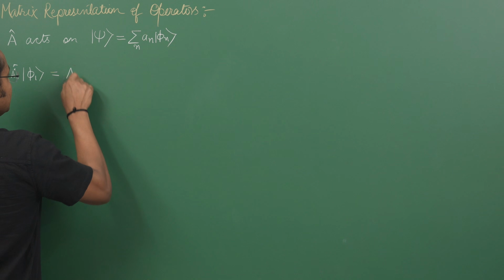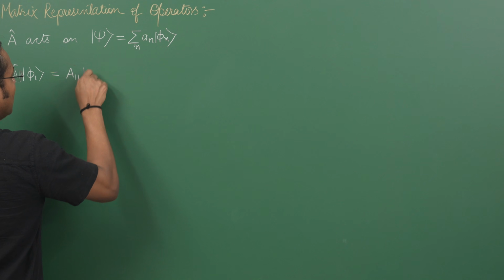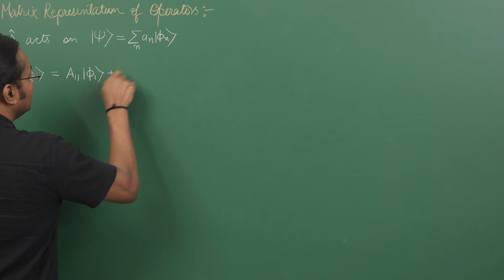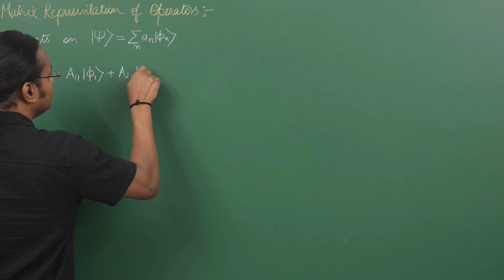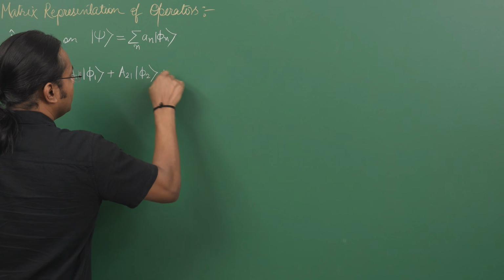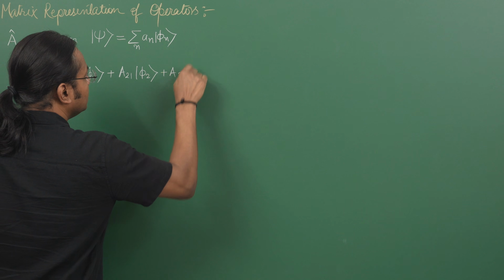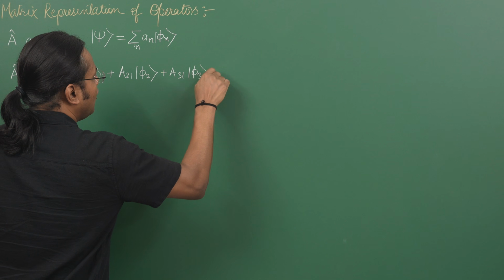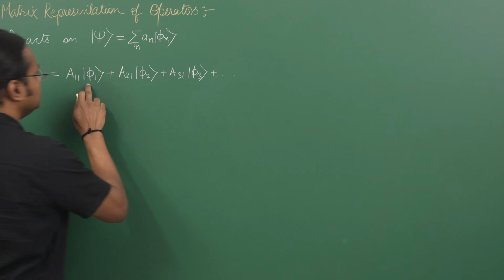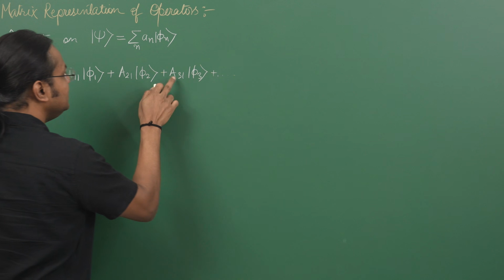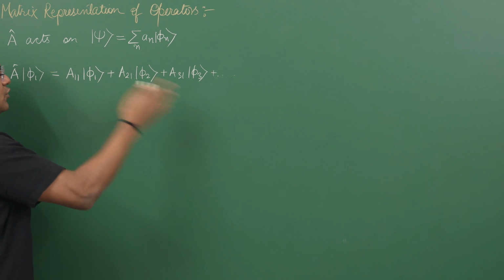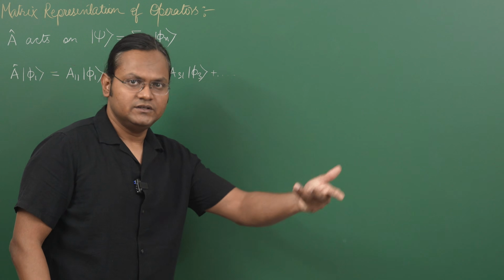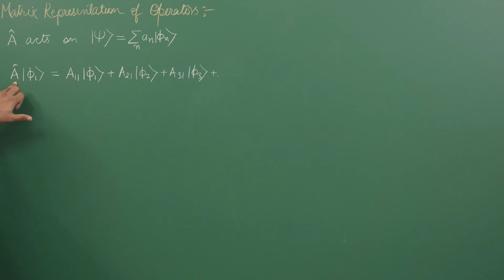So let's say that I call this A11 phi 1 plus A21 phi 2 plus A31 phi 3 and so on. So here these are all the basis vectors and these are the components associated with the basis vectors after the transformation, after this operator has acted on this particular system.